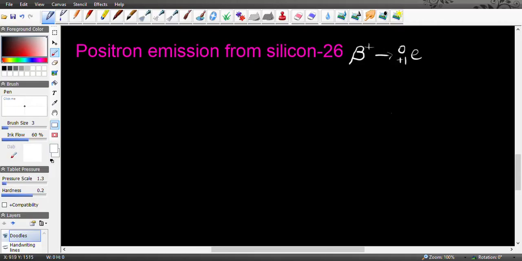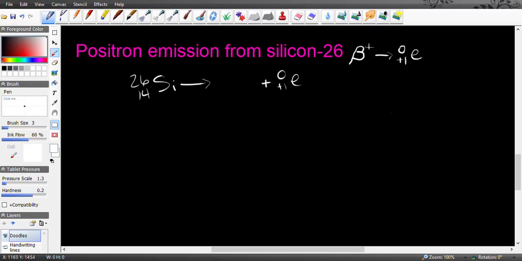Okay, so the positron emission of silicon 26, silicon is 14. We know one of our products is going to be 0, +1, E. That's what a positron, or beta plus, whichever one you want to call it, that's what is produced when it emits a positron.